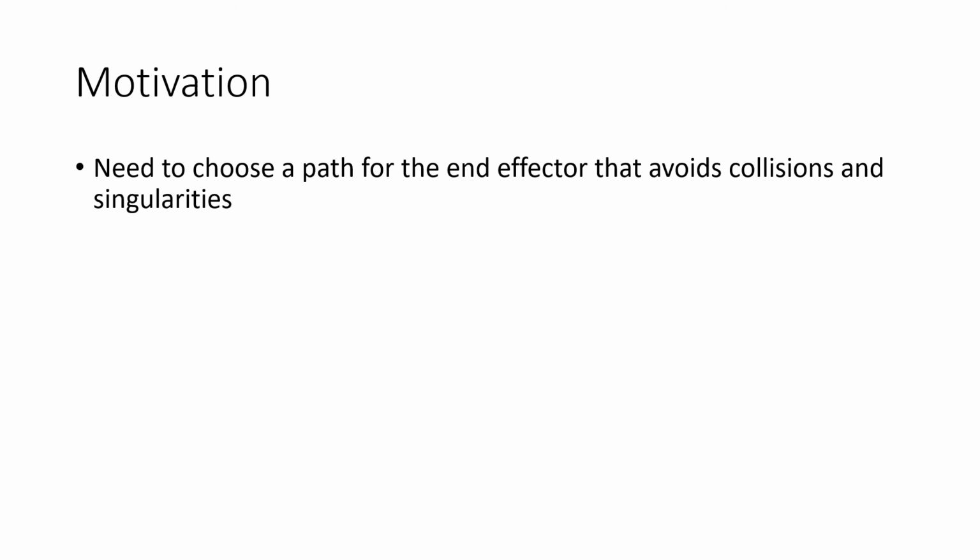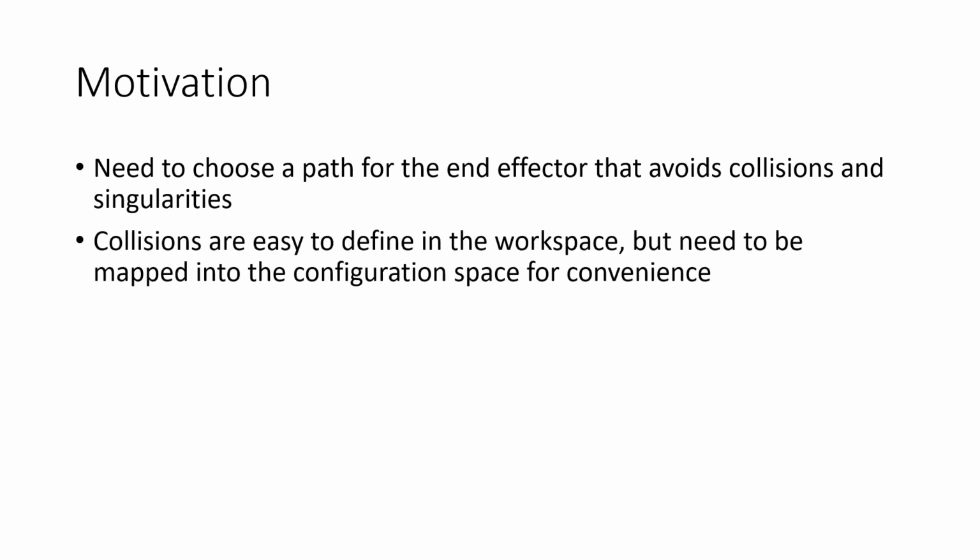So we have to figure out the difference between the workspace and the configuration space. And if there is an obstacle in the workspace, in order to avoid colliding with it, we have to map this onto the configuration space. So that is going to be one major motivation to perform this motion planning exercise. For singularities, obviously, these are defined easily in the configuration space. So we have seen this already.